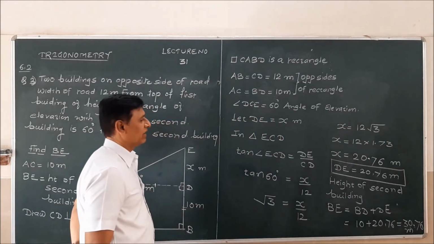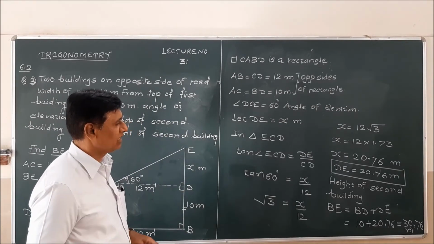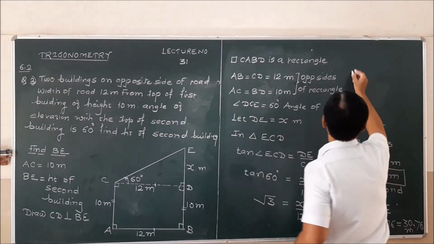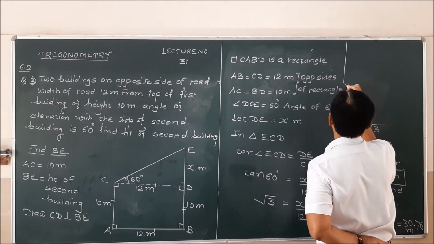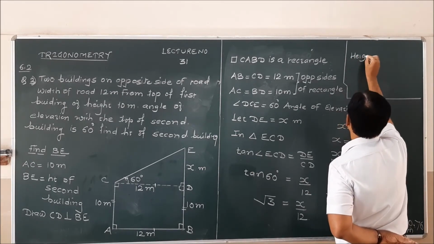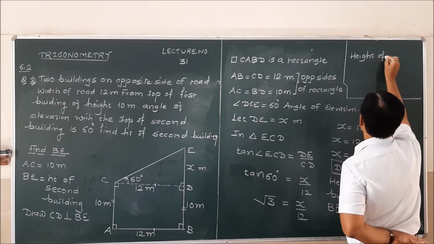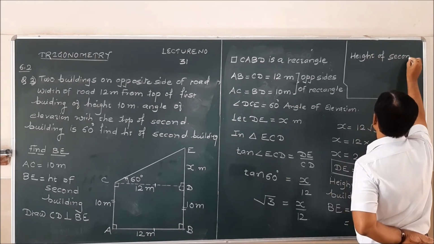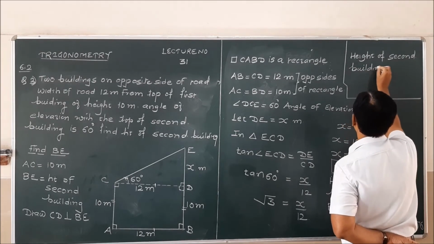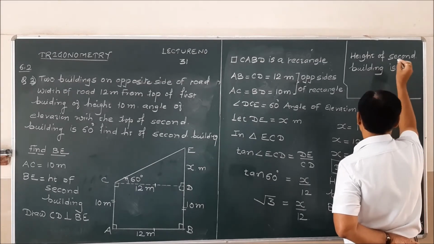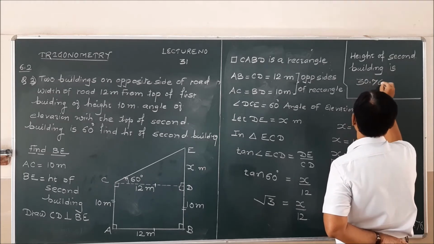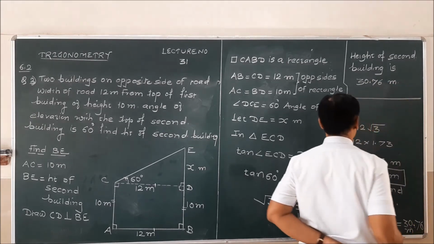So this is how you will find the height of the second building is 30.76 meter. Height of second building is 30.76 meter.